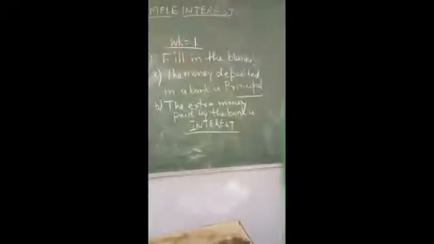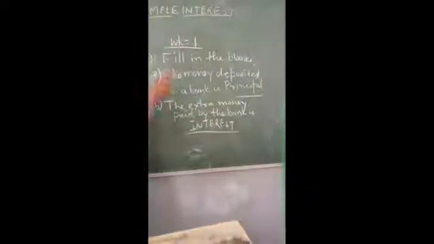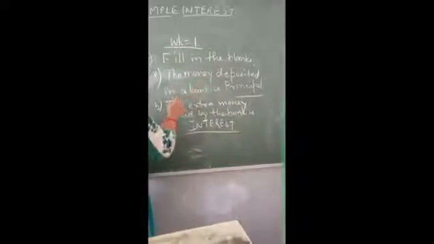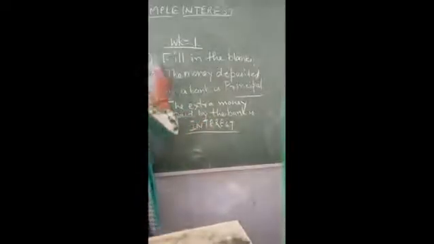Now let us come to worksheet number 1. Here, all of you see, question number 1, fill in the blanks. Money deposited in a bank is called principal. The extra money paid by the bank is called interest.